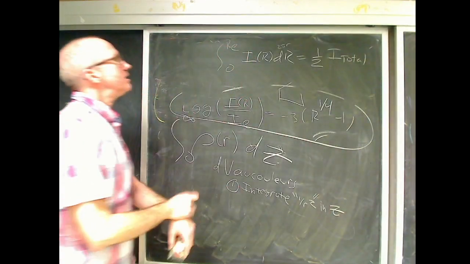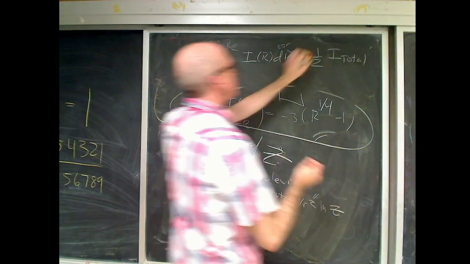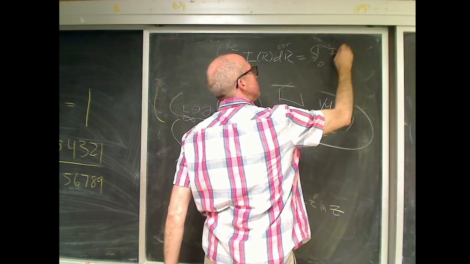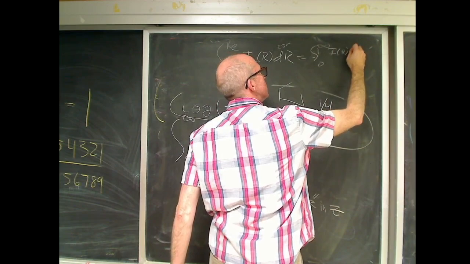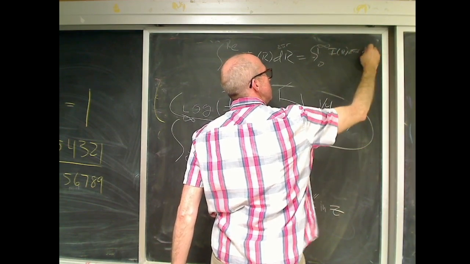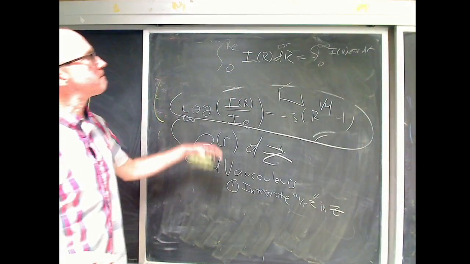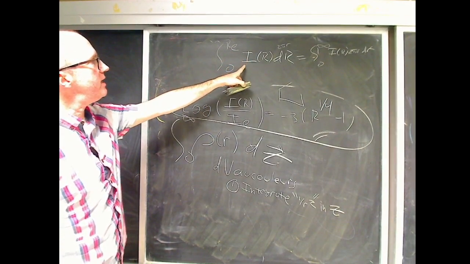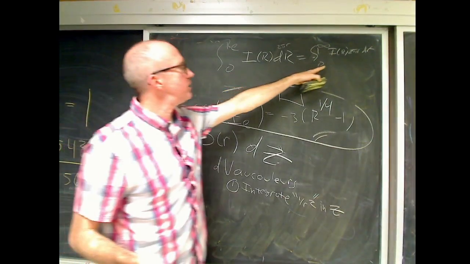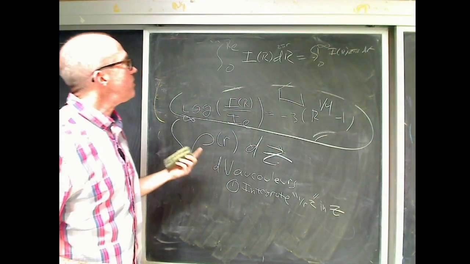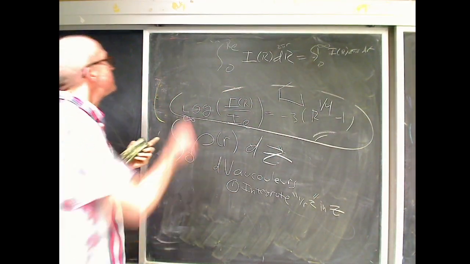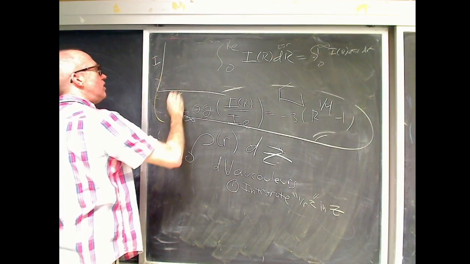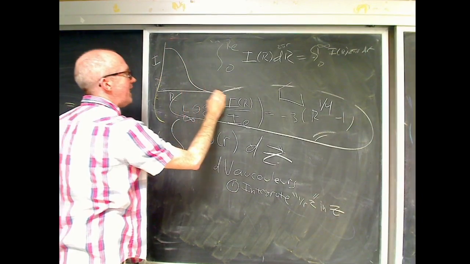Now, it's kind of funny because really this is the integral from 0 to infinity of I of R, 2 pi r dr. So I've got this quantity, the effective radius, that I'm defining with this integral and this other integral that looks basically the same. But why this works is if I look at how the light falls off, this is I and this is R, light falls off pretty fast.